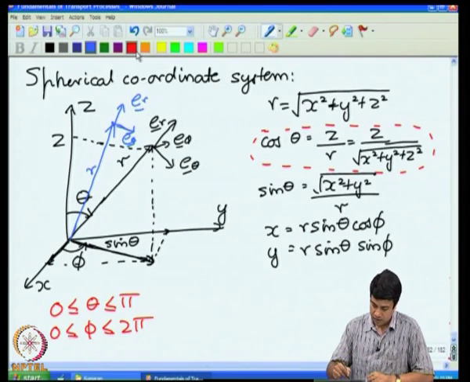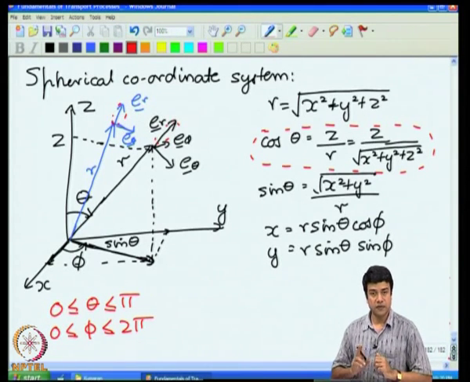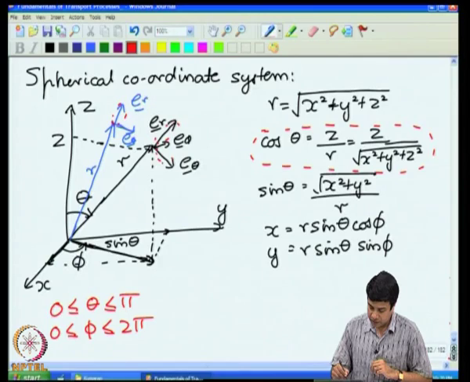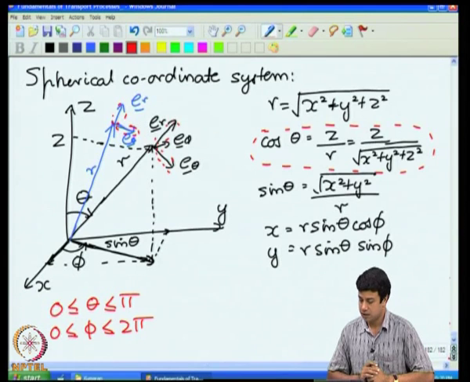Note that the direction of E r is not the same over here and over here, because the direction of the radius vector is different. Therefore, the direction of the unit vector is also different. Similarly, the direction of E theta is not the same. As theta changes, the direction of E theta also changes. Similarly, the direction of E phi changes as the angle changes.